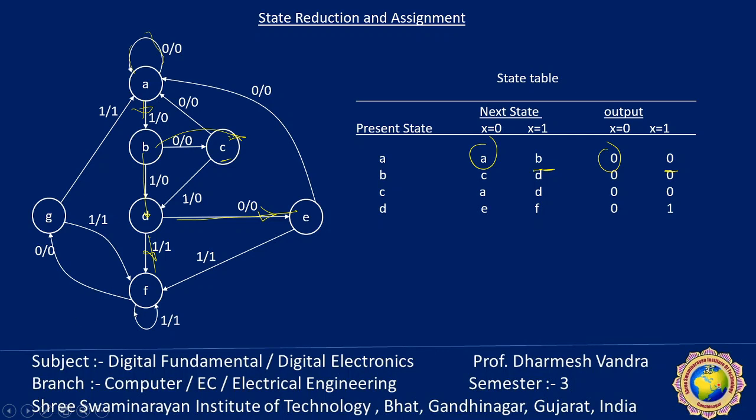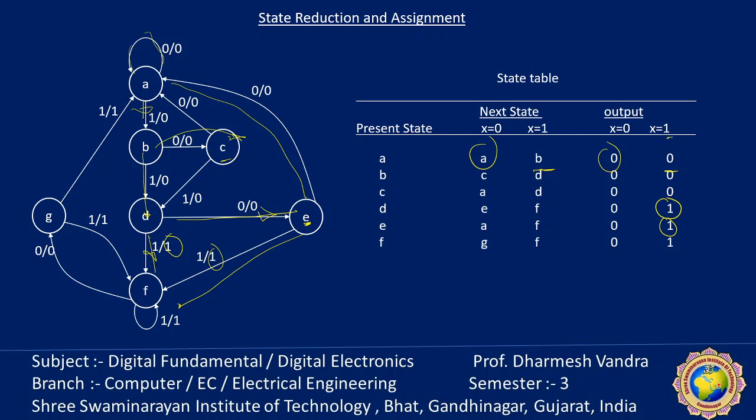When it goes into the F state, the output is 1 here. Now, the next state is E. If the input is 0, go into A. If the input is 1, go into the F state. And the output is 1 only in this condition, where input X is equal to 1.